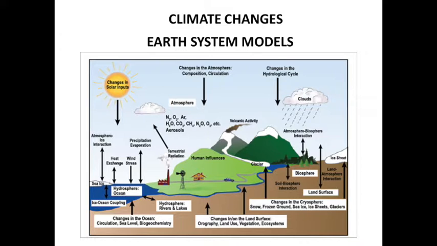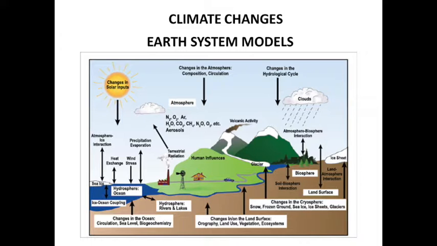For example, the evaporation or the precipitation can change if the temperature increases. The glaciers can melt with the increase of temperature.